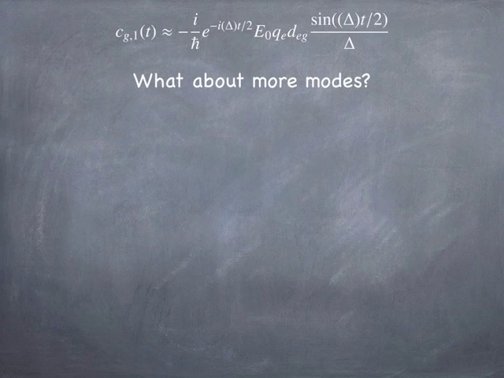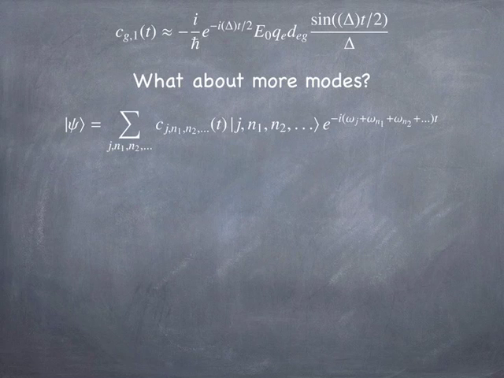All this has been done assuming a single mode, but of course in a real big box there's going to be many, many modes, and this is one of the reasons why the exact location of the atom doesn't really matter very much, because when you add up all those different modes, you're going to get some. And so let's go ahead and talk about it. Now we have a wave function which is no longer just two components, but now it's got many, many components.